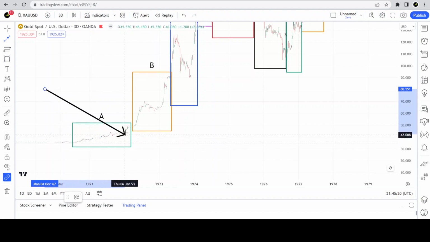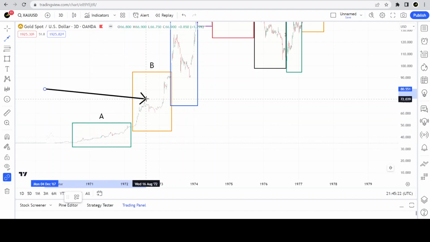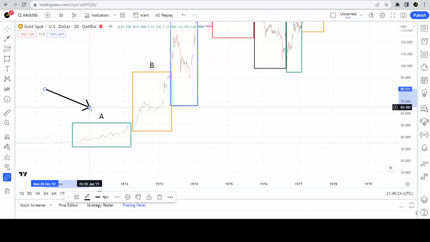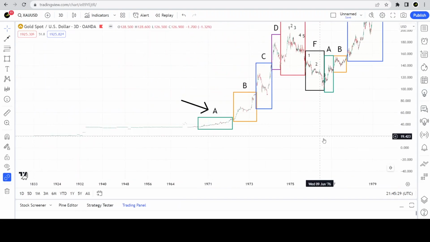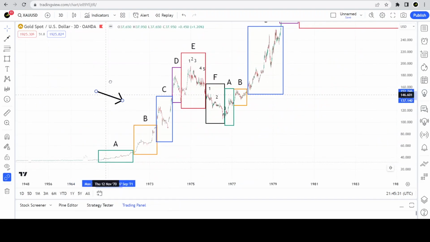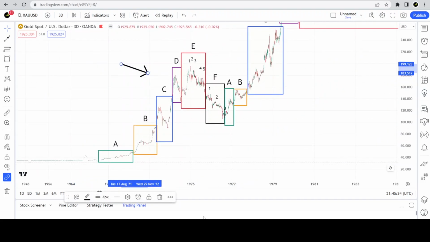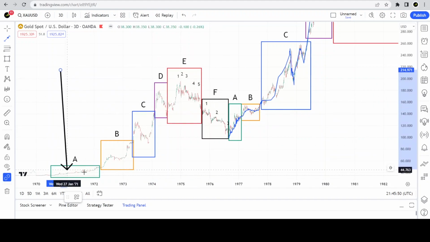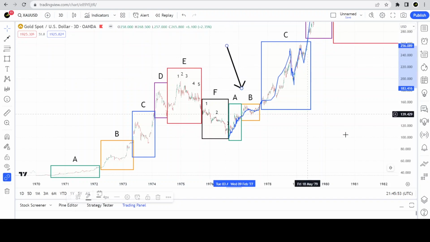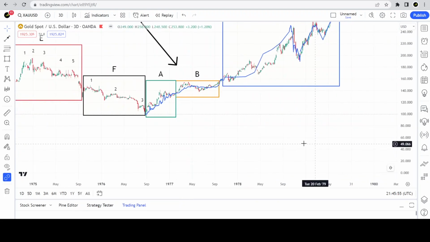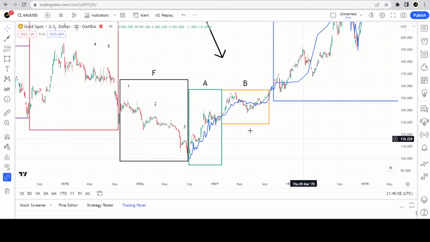The wave up, it comes up to a flat point before moving into B. So let me show you what this looks like when I copy and paste these fractals onto the other part of the chart. Okay, so here is the original structure, and here is the copied and pasted structure onto what comes after.